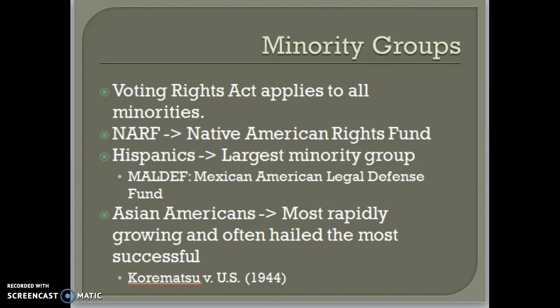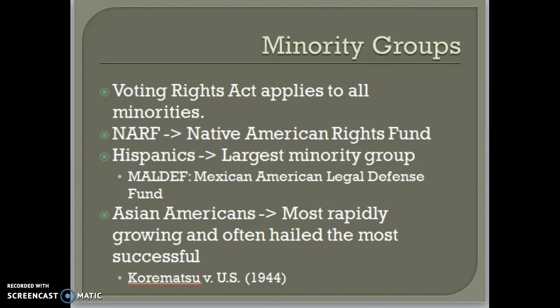There's been a lot of discrimination against Asians, and they've continually overcome that. And if you look at the jobs and the professions that they do, they tend to be very highly educated and hold good jobs with high degrees, high paying jobs, and so they are frequently considered the most successful.